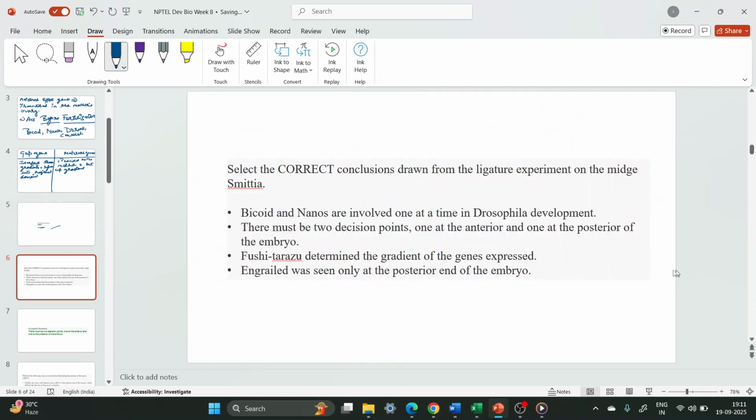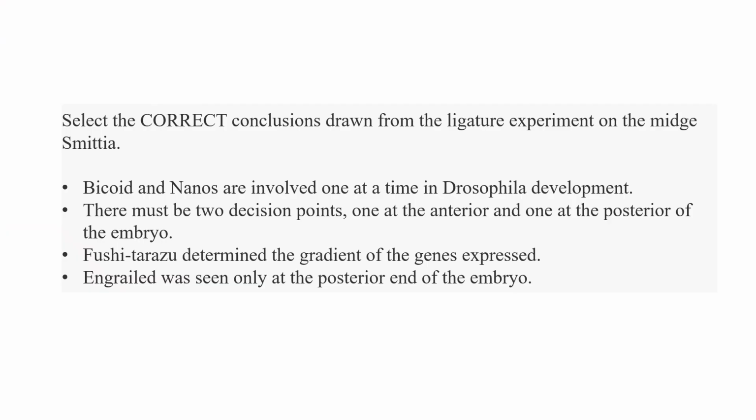Okay, next question. The second question is, select the correct conclusions drawn from the ligature experiment on Mitz-Smithia. I'll label the options A, B, C, and D. A: Bicoid and nanos are involved one at a time in Drosophila development.